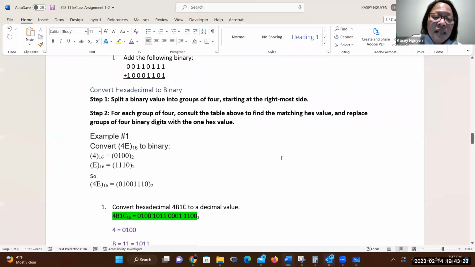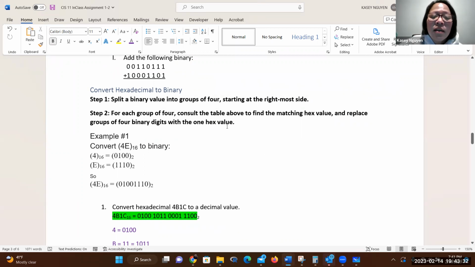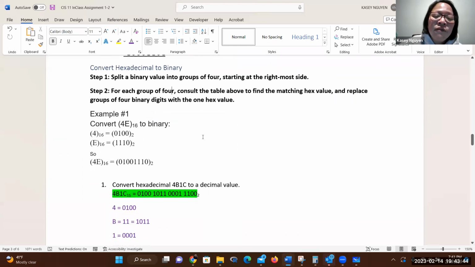When we convert hexadecimal to binary, we take the value and group it into 4, because 4 bits represent a hex value. We start from the far right, because that's the least significant bit, and group into 4s for your binary digits.